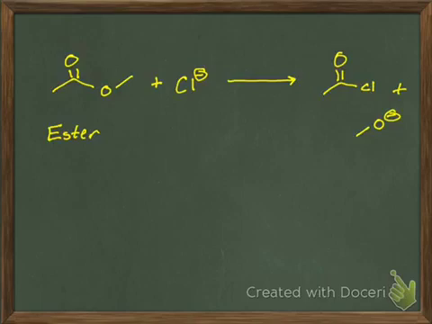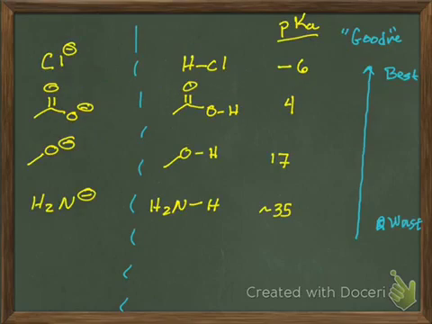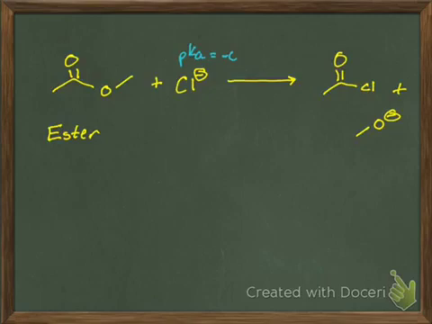Now, the way we can do this analysis is this. What is the pKa of this chlorine if it had a proton? Well, the pKa is equal to, what did I say on the last page? -6, whereas the pKa of this alkoxide, if it were an alcohol, is 17.